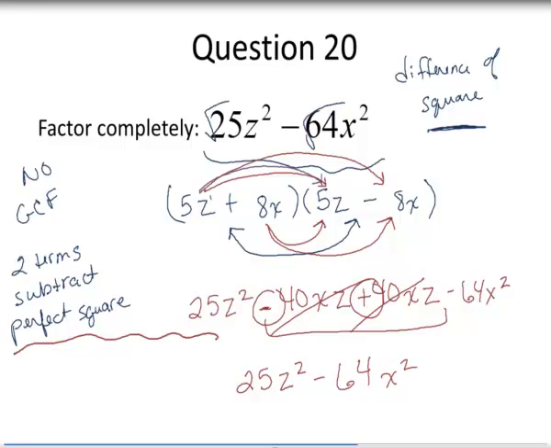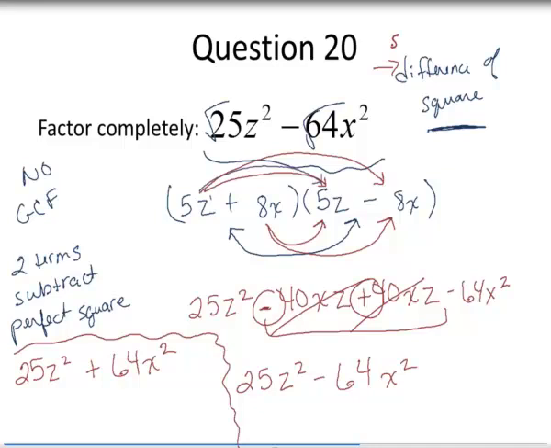If you have a question that looks like this, with z squared plus x squared, and you're being asked to factor this, what do you think about it? Do you guys still see the perfect squares? Is this the difference of squares? Difference means subtract.